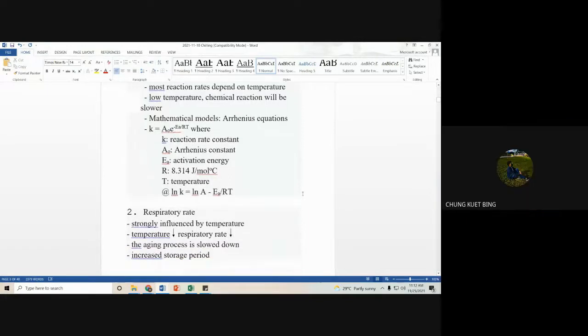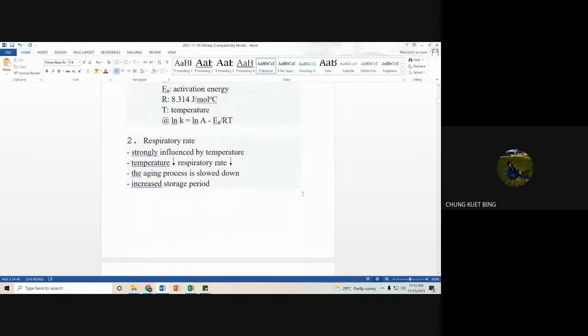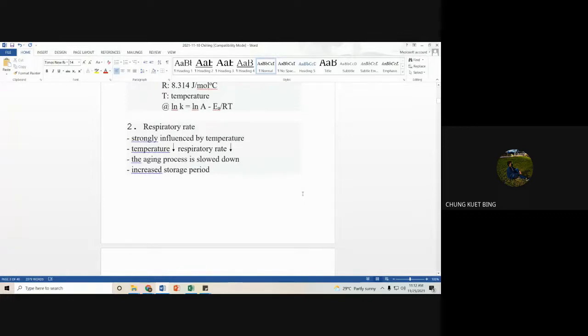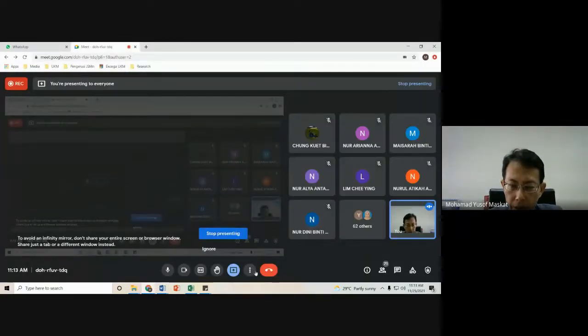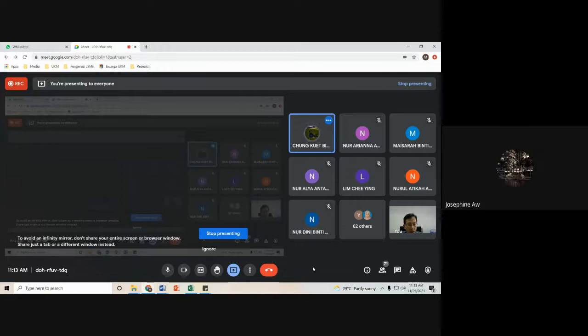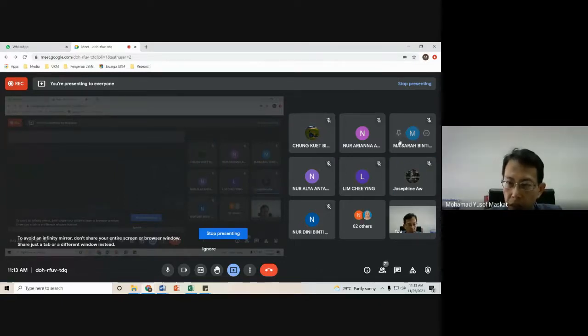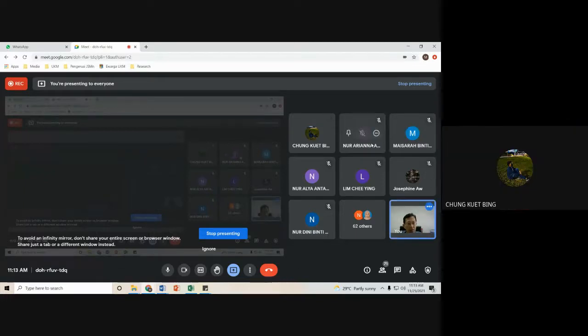I mean the symbol of resin red in calculation. What is resurrect? Is it possible for you to type it in the chat? I think he means the reaction rate. Reaction rate. Is it? Yes, reaction rate.